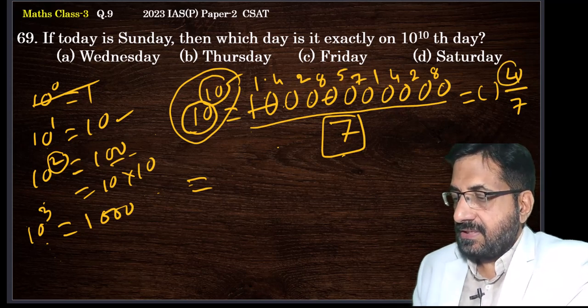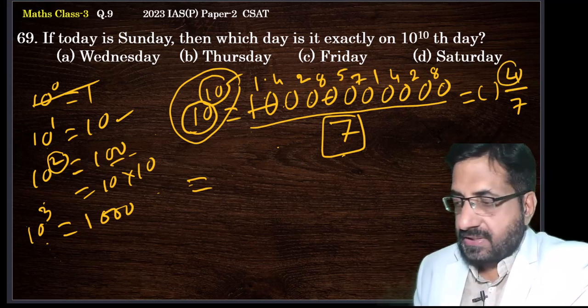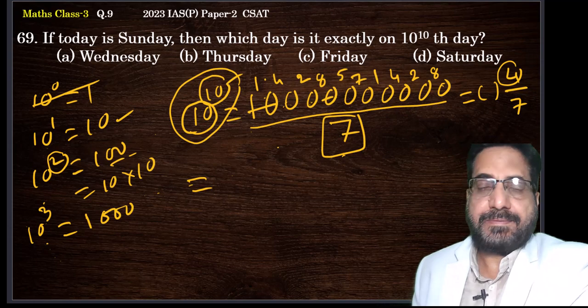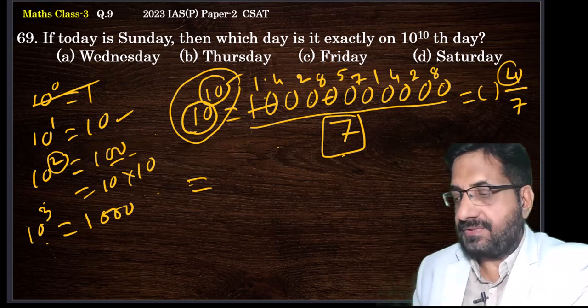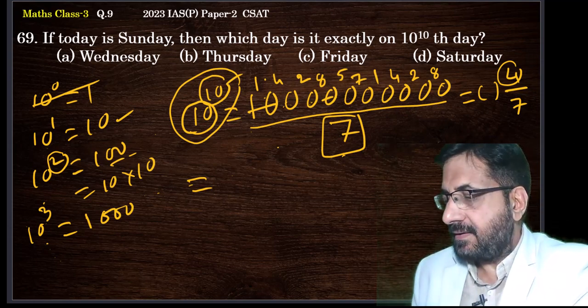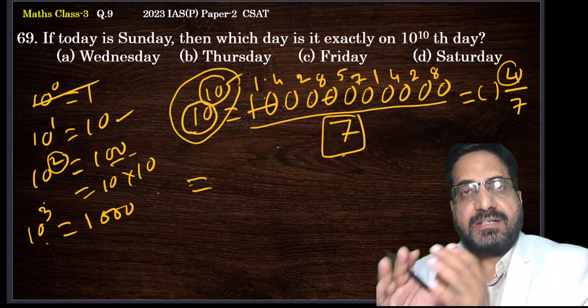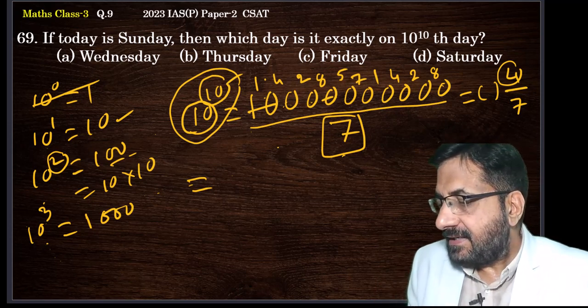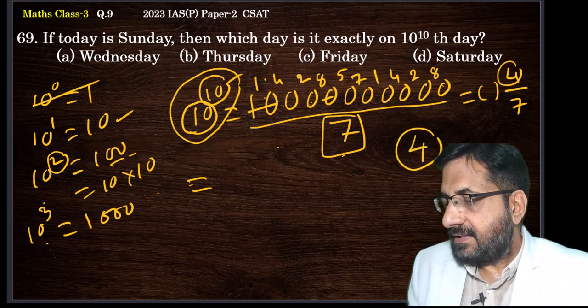That means this 1000 crore contains 1428571428 weeks, that is complete packets of 7 days, and the remaining days are 4.